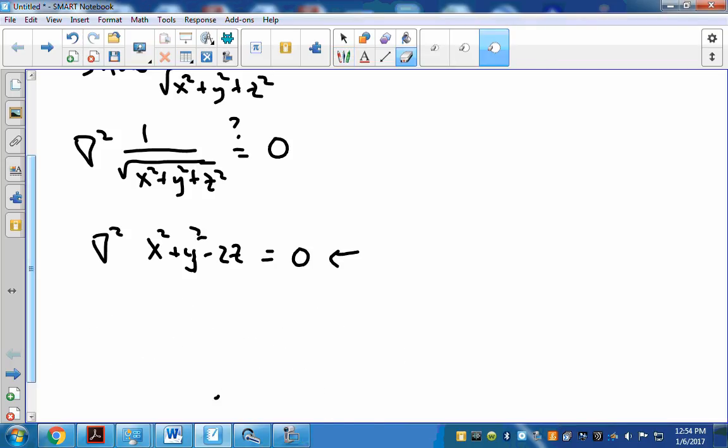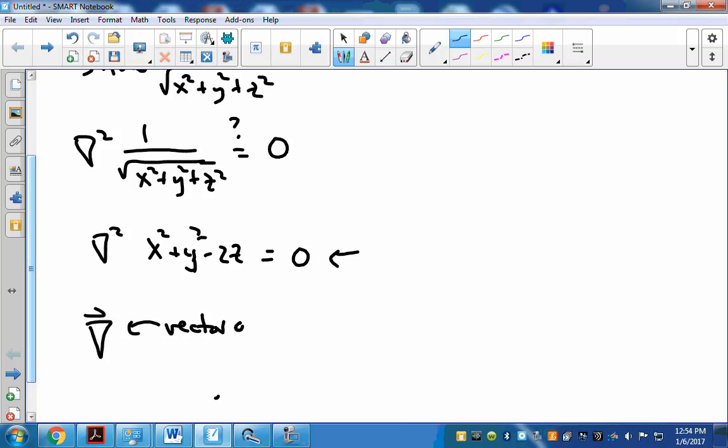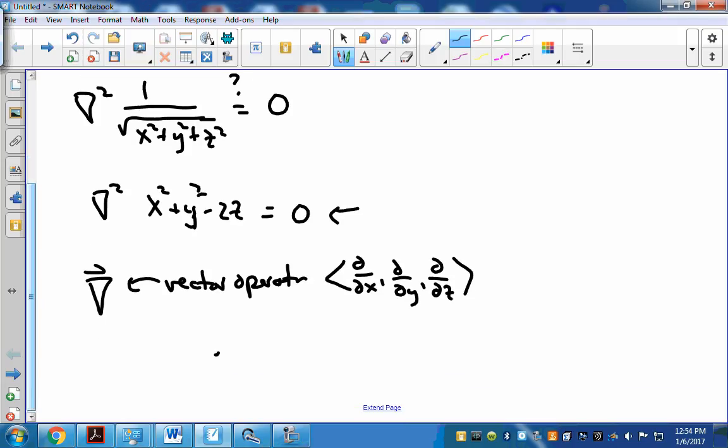The notation is sort of weird. Remember, the gradient was a vector operator. So you can sort of think of it as partial with respect to x, partial with respect to y, partial with respect to z as a vector, and you operated it on a function, you ended up with a vector. So what do we mean by del squared?